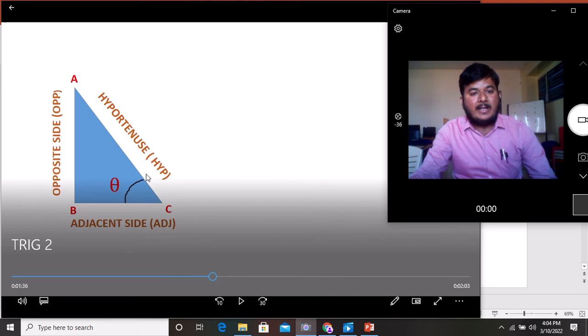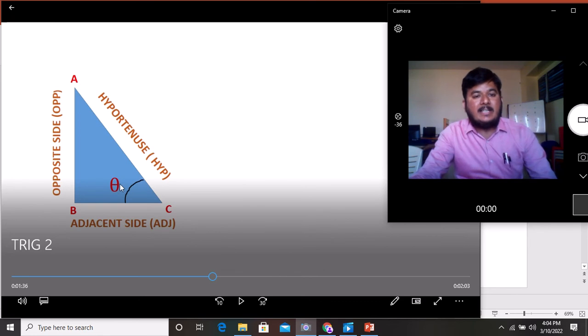You don't know the length of AB, BC or AC. Let's assume the angle between the vertical line and the horizontal line is 90 degrees, and the angle of side AC with the horizontal line, let's consider it as theta.